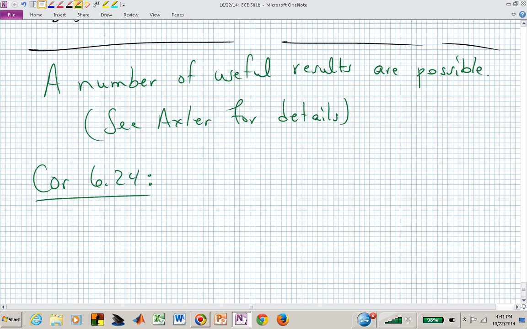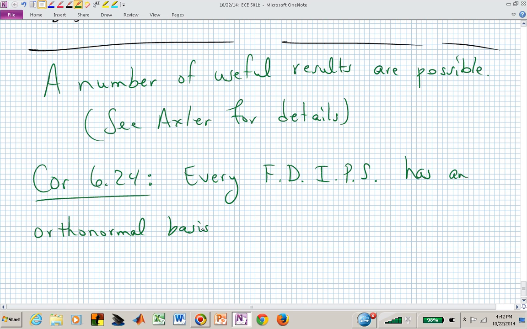Corollary 24 in chapter 6 says every finite dimensional inner product space has an orthonormal basis.